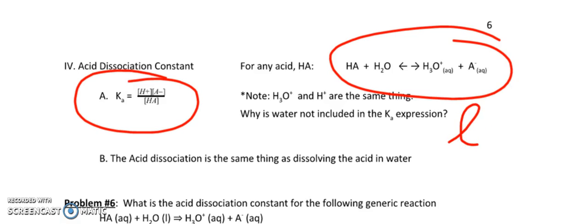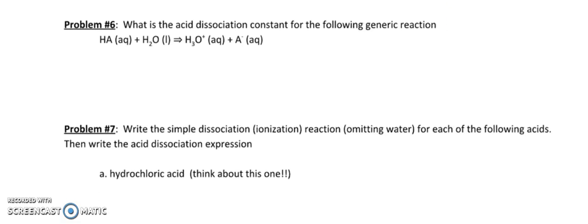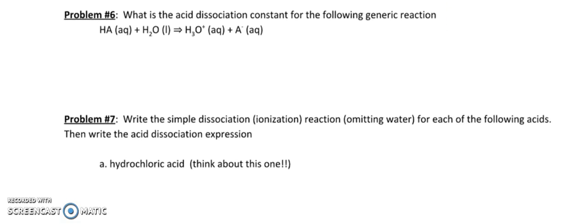What's the only things you put in these equilibrium expressions? Either gases or aqueous. We're not going to talk about gases in this chapter, so everything we're going to do is going to be aqueous with a concentration of the molarity. Okay? So the acid dissociation is the same thing as saying dissolving the acid in water. It's aqueous.